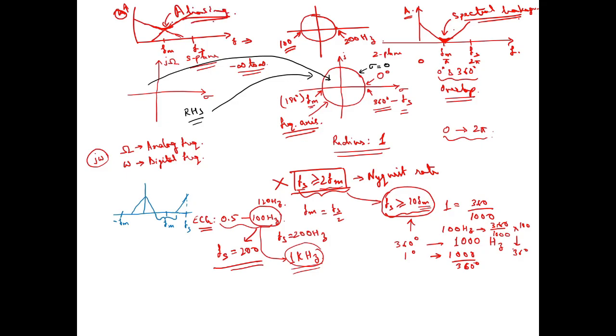The results of aliasing and spectral leakage are similar. Both these phenomena will lead to corrupting of the original signal we are acquiring.